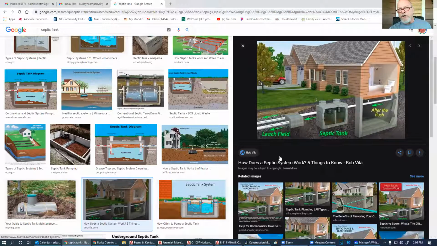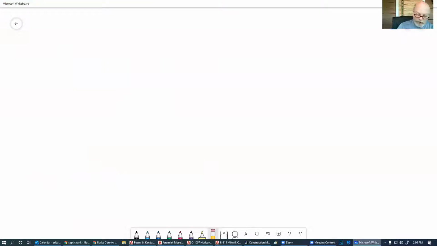So let's think about what is what. Let's say potable water. Potable water is fairly clean. It can be drunk, but hopefully you clean it first.